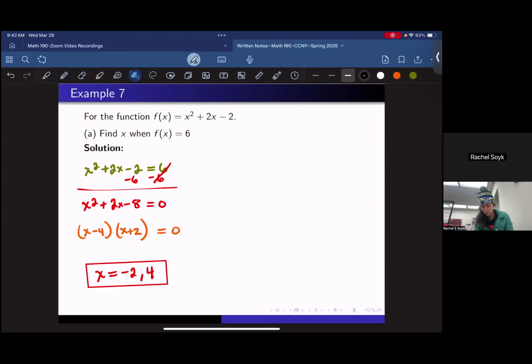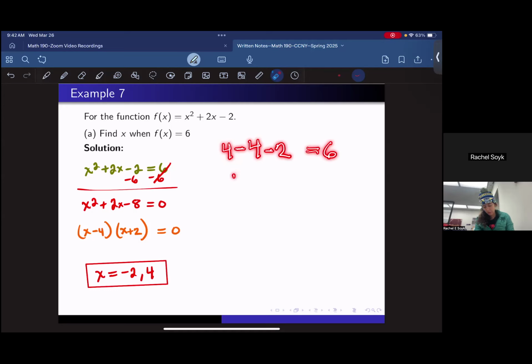Always want to check to make sure both of these values are sufficient. So go back to our original function. We're going to go ahead and plug in -2. -2 in parentheses squared is +4. 2 times -2 is -4, minus 2, and this should all be equal to 6.